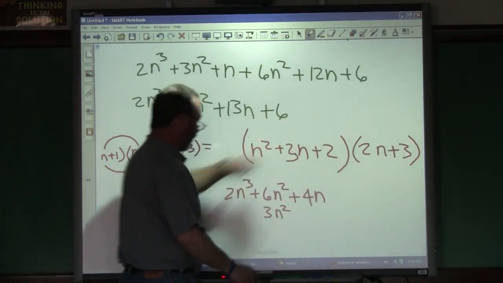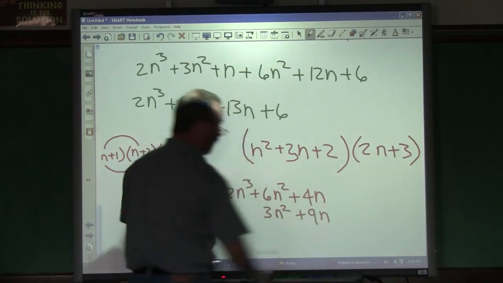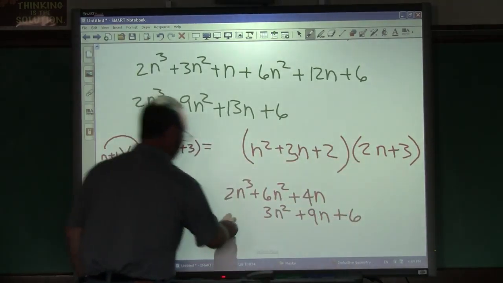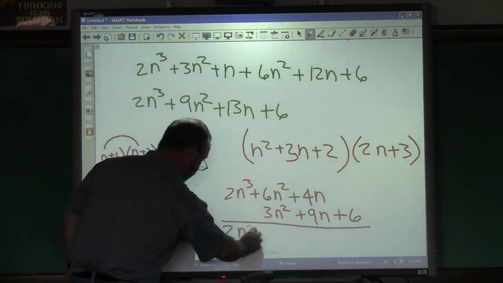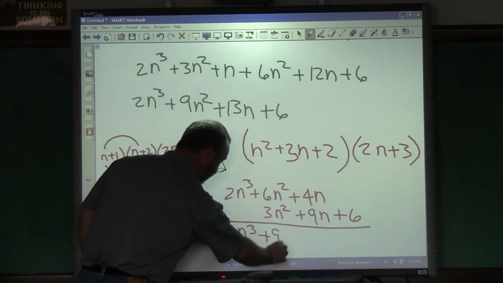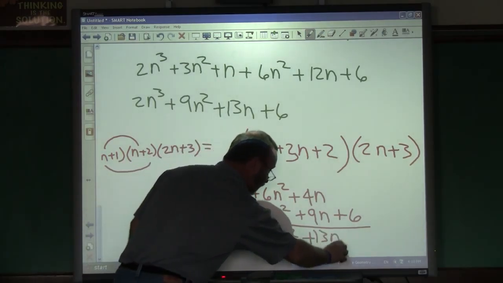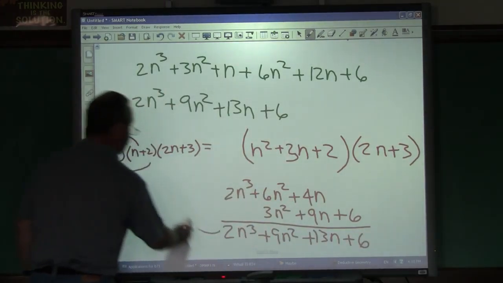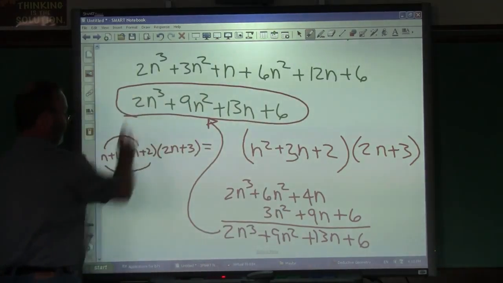I have 3 times 3n, which gives me 9n. And I have 3 times 2, which gives me 6. And when I add those together, I get 2n cubed plus 9n squared plus 13n plus 6. This is equal to this, and I'm done.